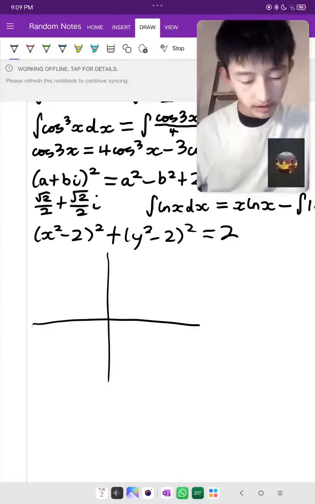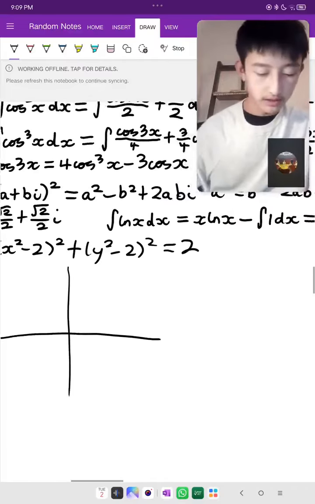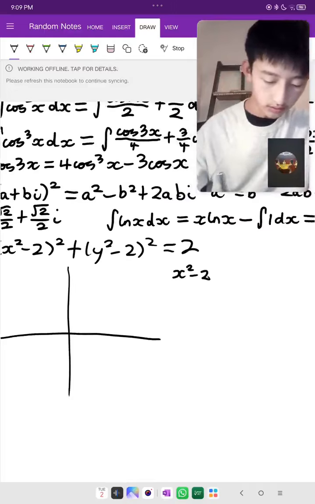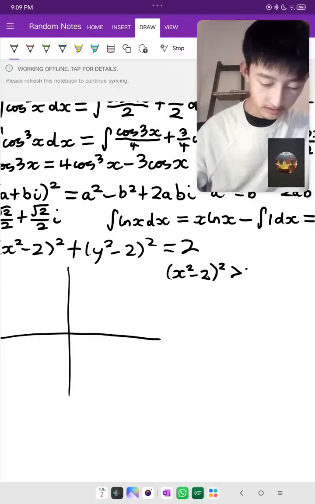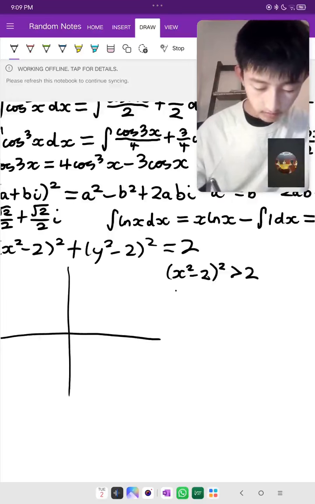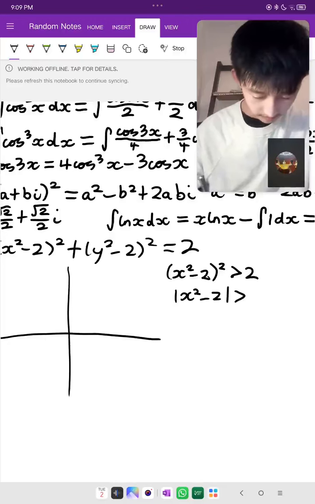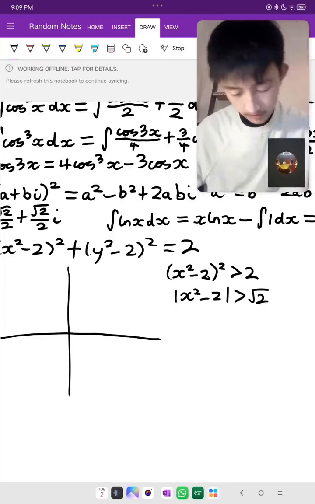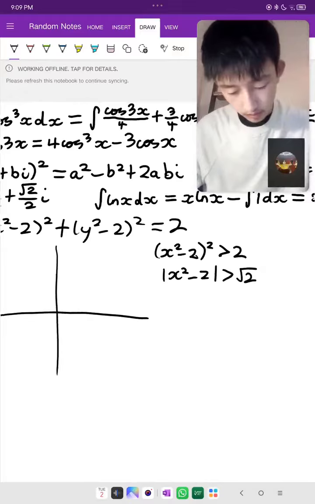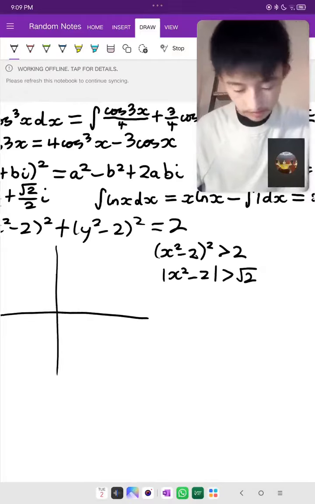So if x squared minus 2 squared is greater than 2, that means mod x squared minus 2 has to be greater than root 2. So, yeah, okay.